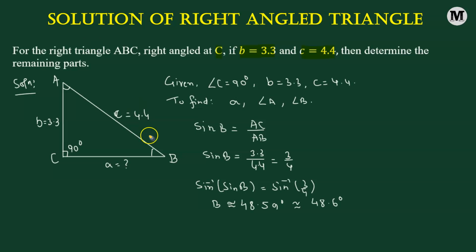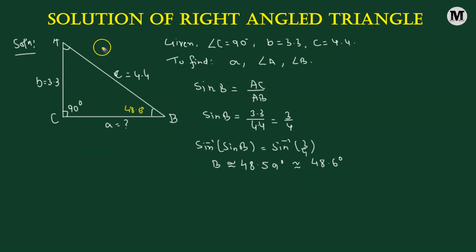Now that we have the angle measure of B, 48.6 degrees, we can immediately find out the angle measure of A. Here we're going to make use of the fact that in triangle ABC, angle A plus angle B plus angle C always sum up to 180 degrees.